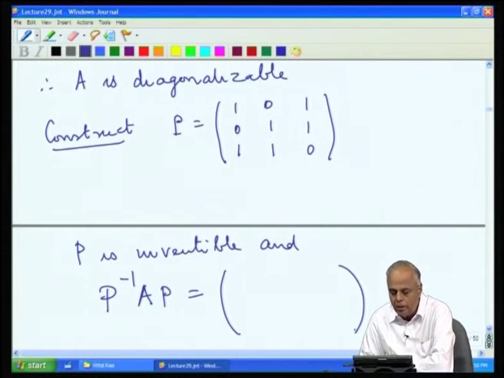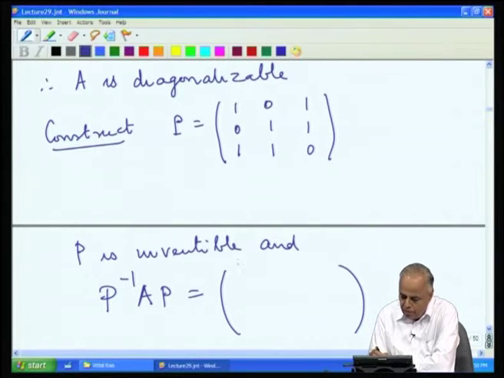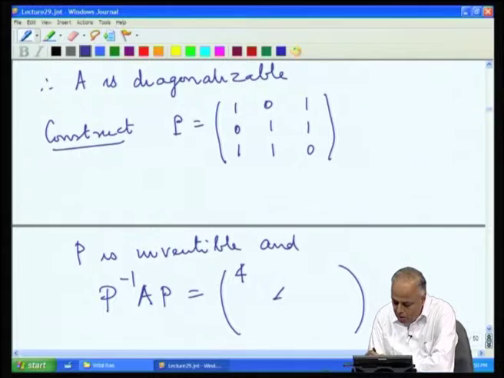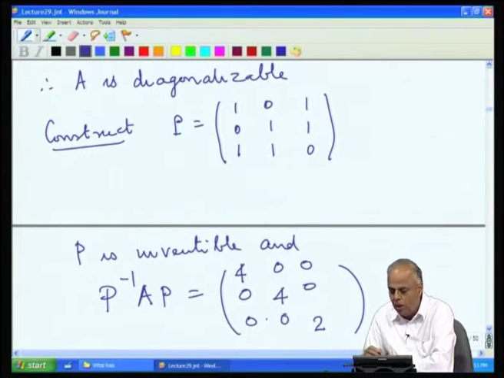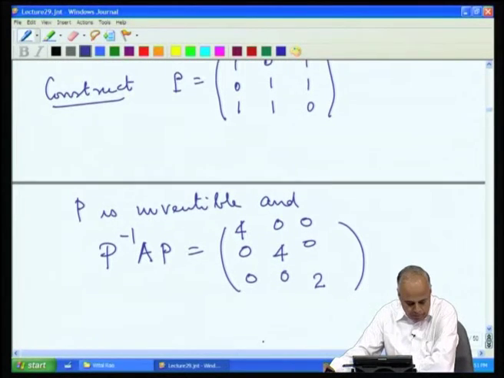Now, what are the diagonal entries? The first column corresponds to the eigenvalue 4, the second column also corresponds to the eigenvalue 4, and the third column of P corresponds to the eigenvalue 2. So, the diagonal matrix we get will be 4, 4, 2 along the diagonal and all the rest 0.